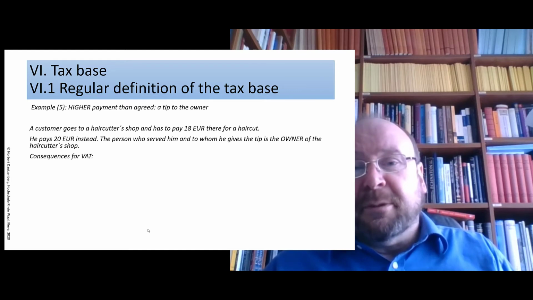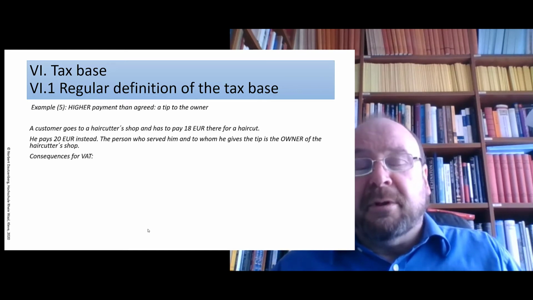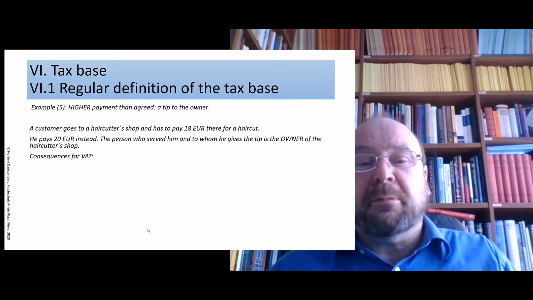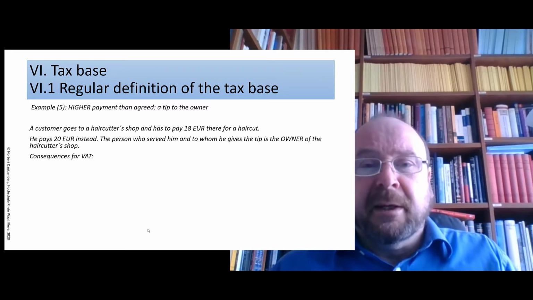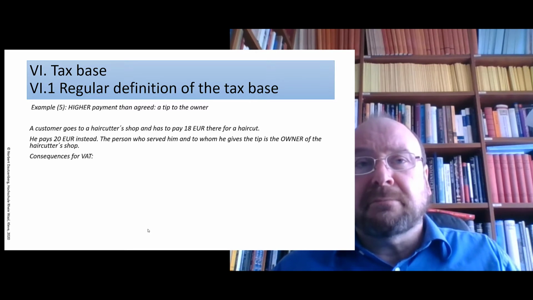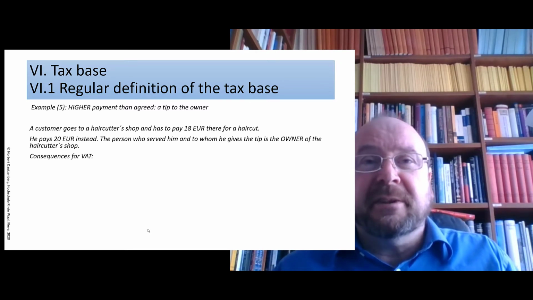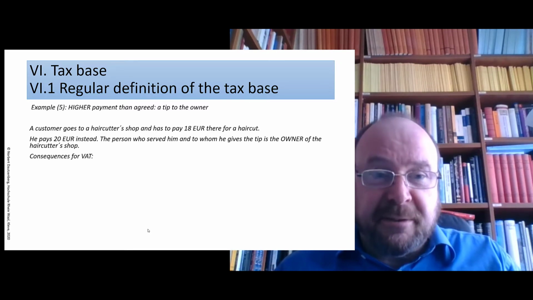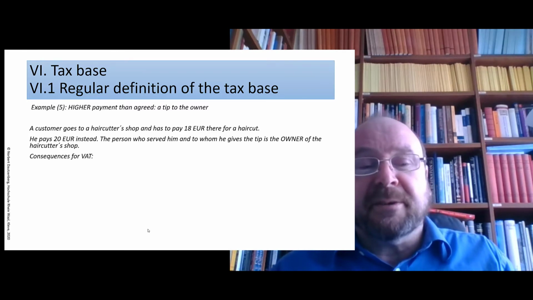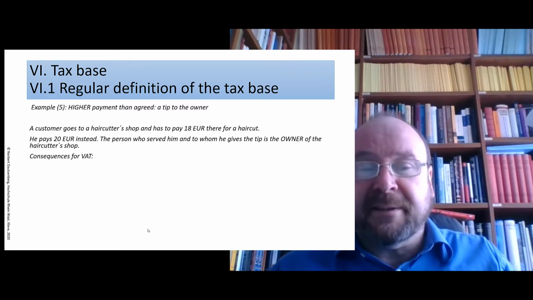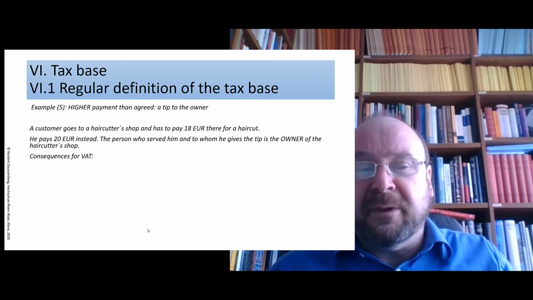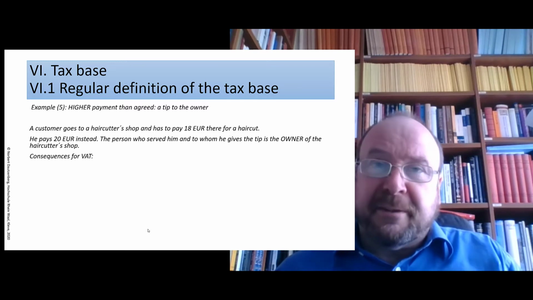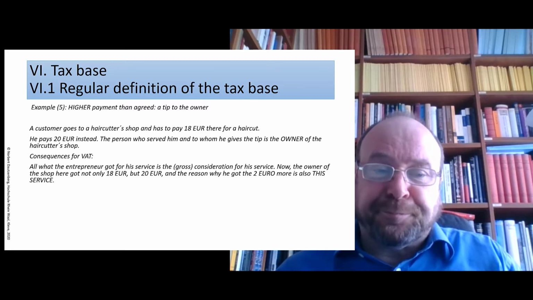What if you give a tip to the owner of a shop? Well, you go to the haircutter's shop and you have to pay 18 euro there for a haircut. And now you have a fit of generosity, or some might say just of decency, and so you pay 20 euro instead. Now the person who served you was the owner of the haircutter's shop. What's the consequence for VAT?